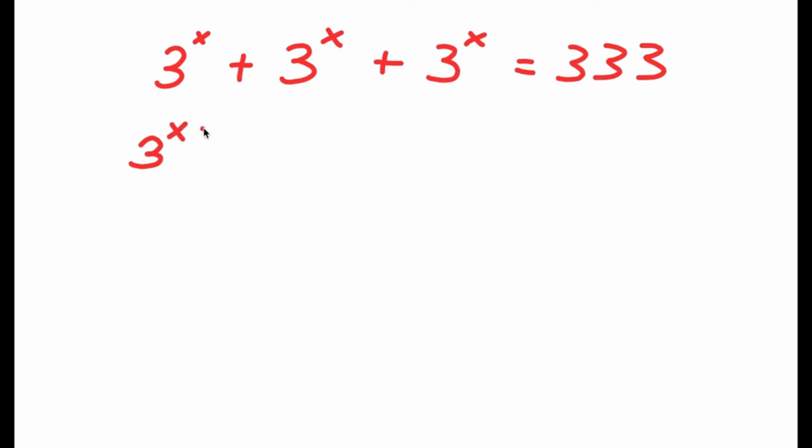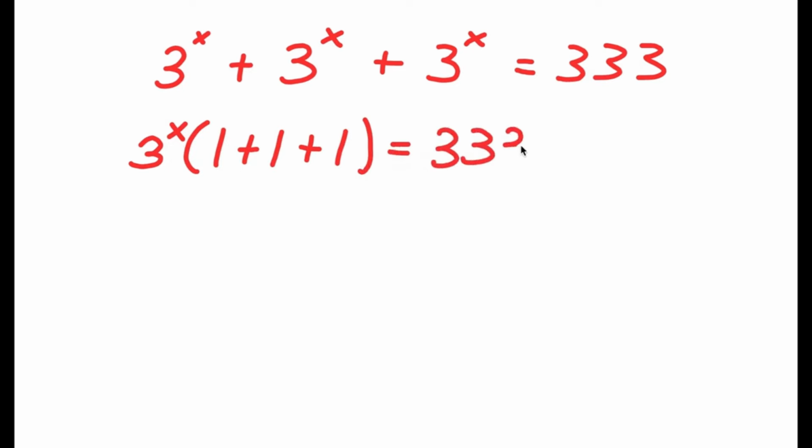So now I have 3 to the power of x times 1 plus 1 plus 1 is equal to 333. Now, I'm going to solve what's in my parentheses. So I have 1 plus 1 plus 1, that's equal to 3. So now I get 3 to the power of x times 3 is equal to 333.